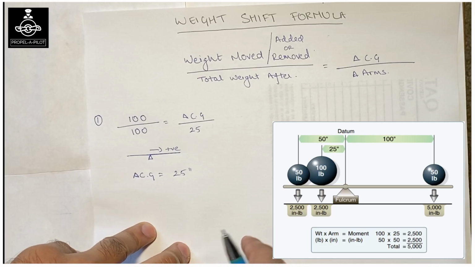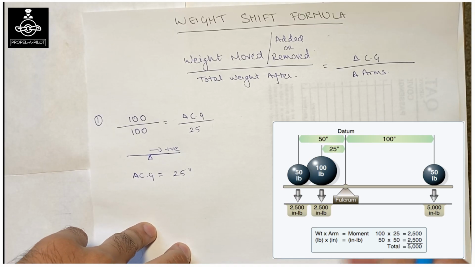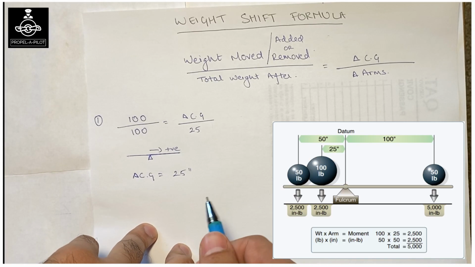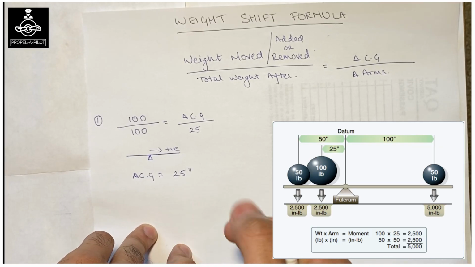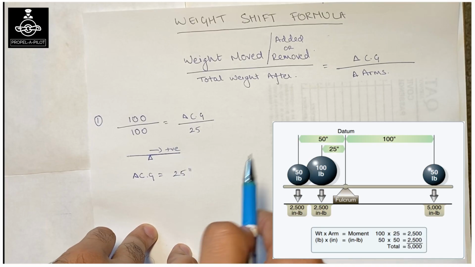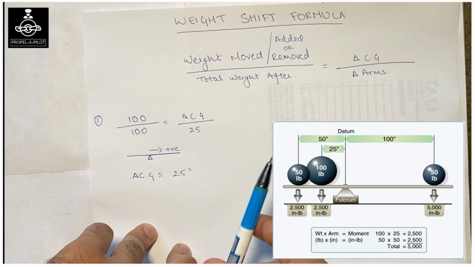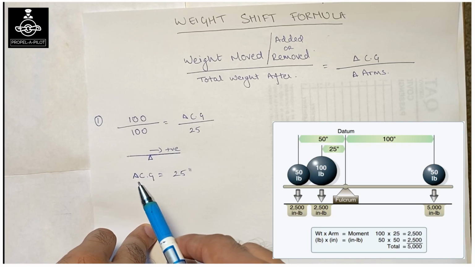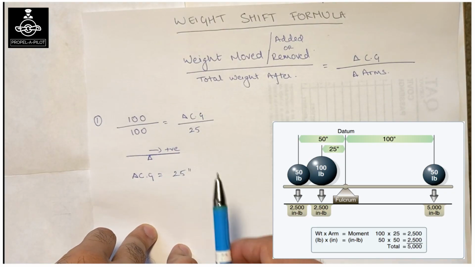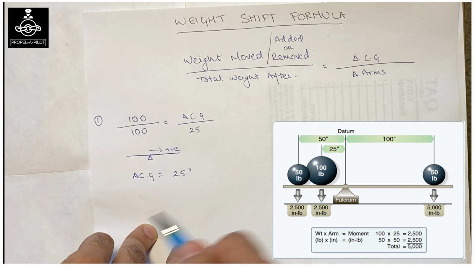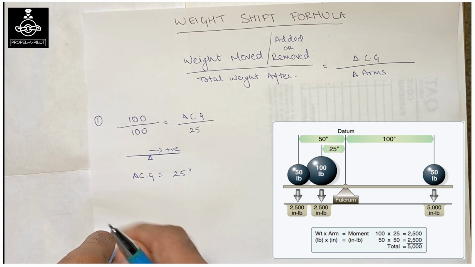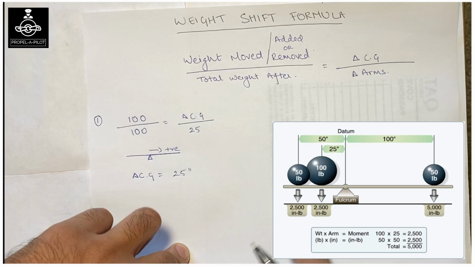Hence, the CG has to move to the other side. Another way to look at it is the moment of the 50-pound weight to the right is 50 times 100, which is 5,000. The moment of the 50-pound weight to the left is 50 times 50, which is 2,500. Hence, the moment of the right weight is more, and hence the CG will be towards the right.